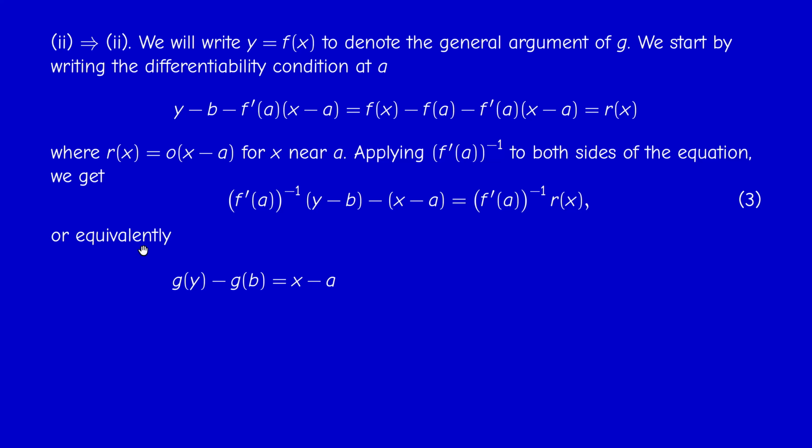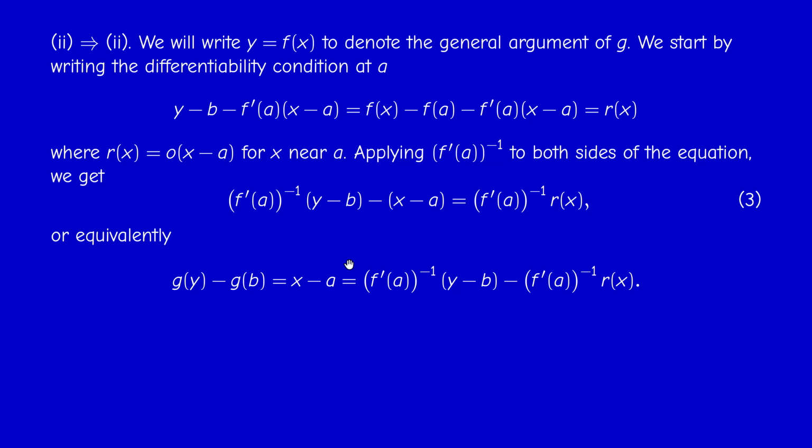So I can write X minus A is equal to this term minus this remainder. So X minus A, which is just G of Y minus G of B, is this term, F prime of A minus 1 in the direction Y minus B, minus this, the inverse times the remainder.